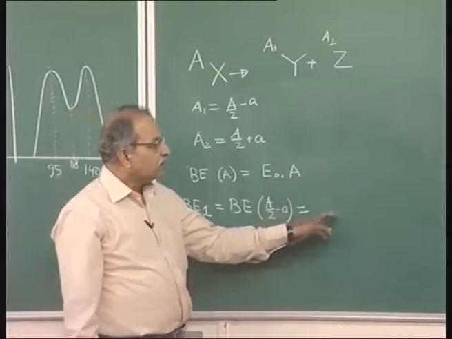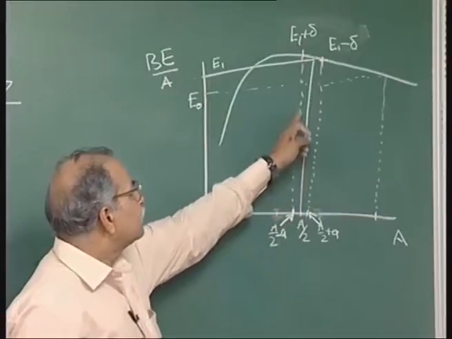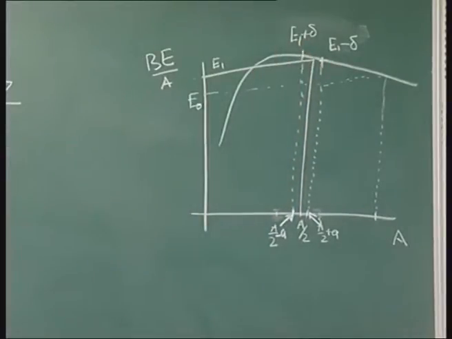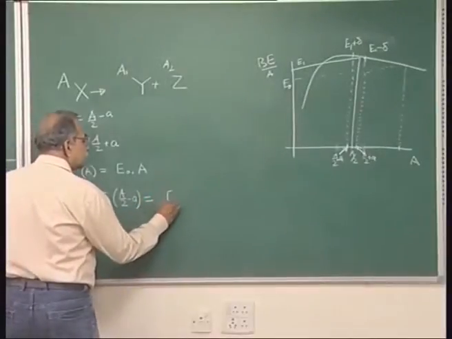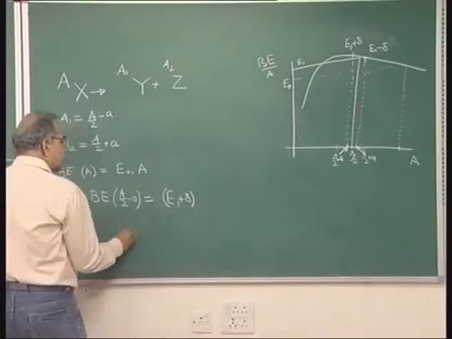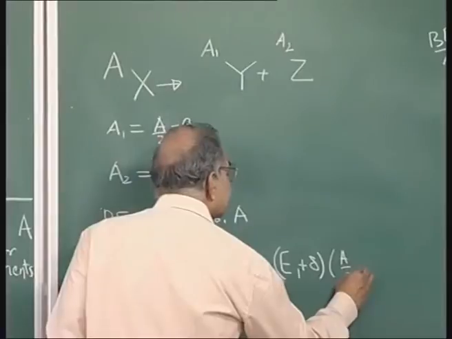So, on the plot at A by 2 minus a, the binding energy per nucleon is E1 plus delta. So, this is E1 plus delta, that is binding energy per nucleon, and that multiplied by this A by 2 minus a.